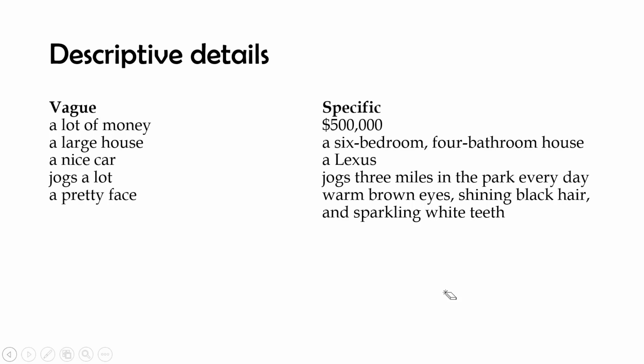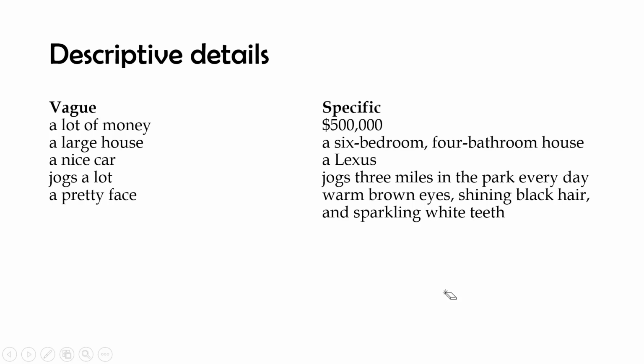Let's look at the examples. A lot of money is too general, while the specific one is $500,000. A large house is general, and the specific one is a six-bedroom, four-bathroom house.